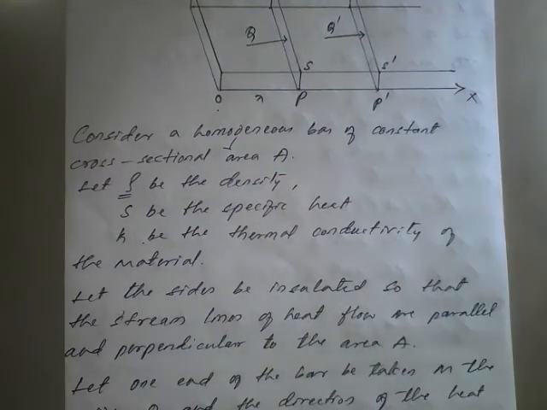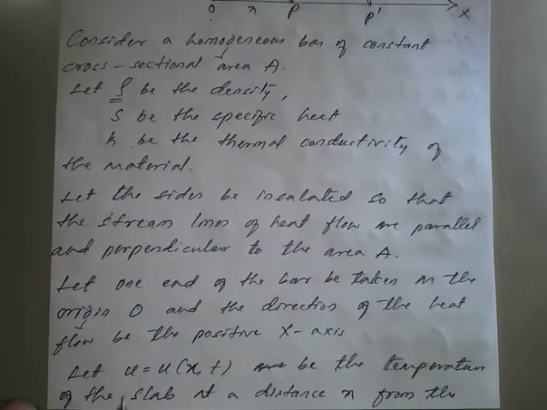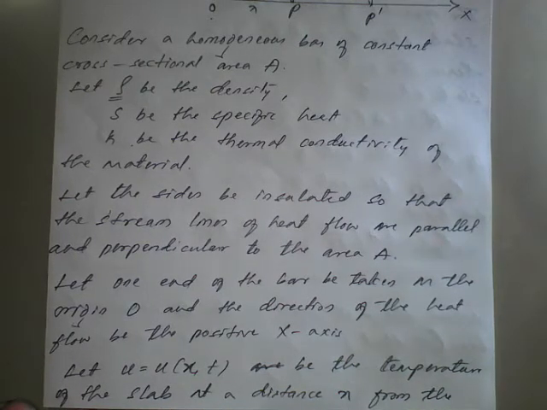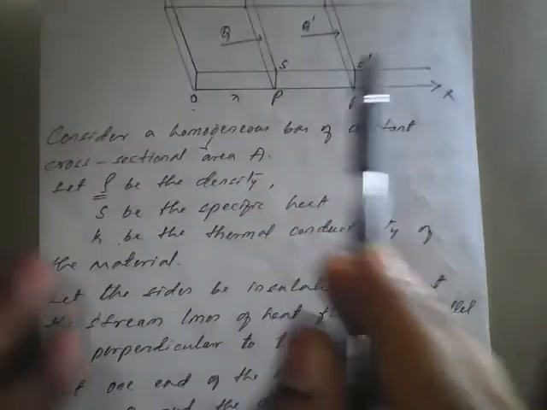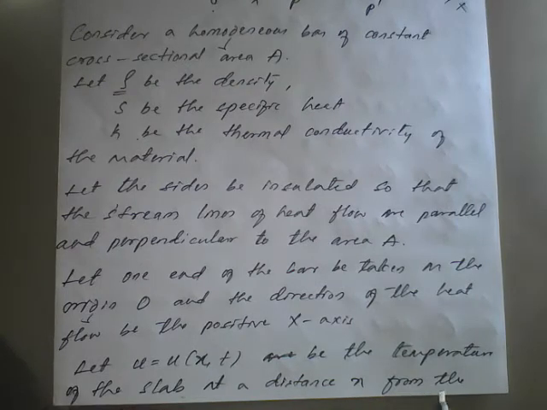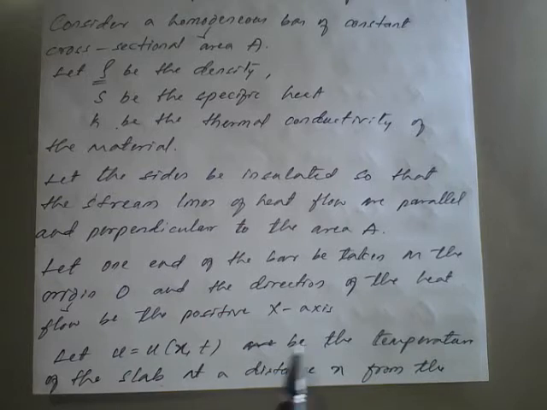Let U equal to U(x,t) be the temperature of the slab at a distance x from the origin. This diagram considers a slab.